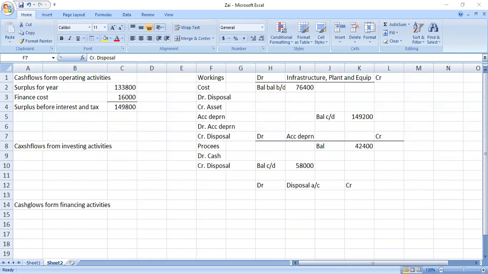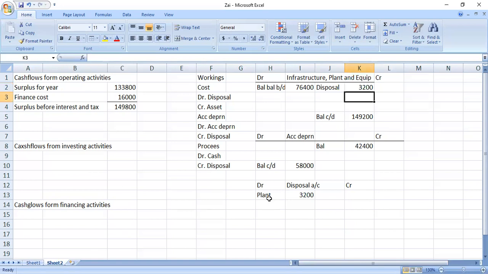With the cost, we debit the disposal account, so come to the disposal account and debit it, coming from plant, 3.2. Then go to your asset account and credit it, going to the disposal account, 3.2.